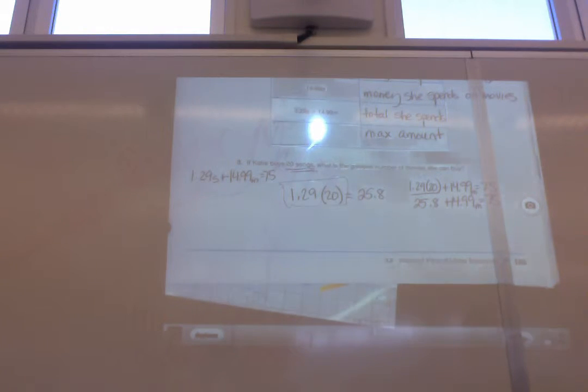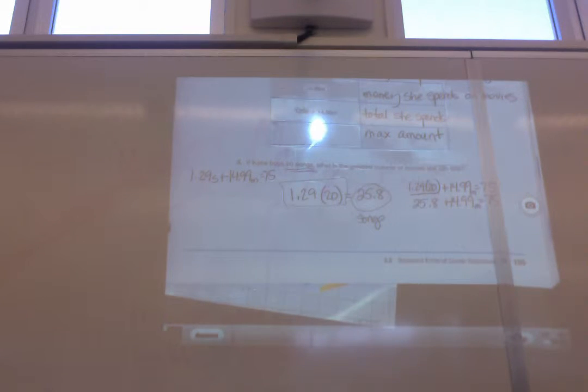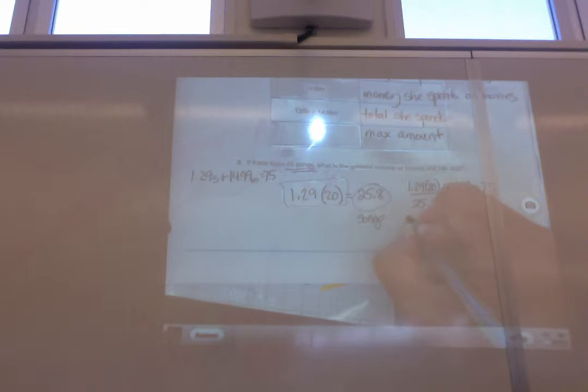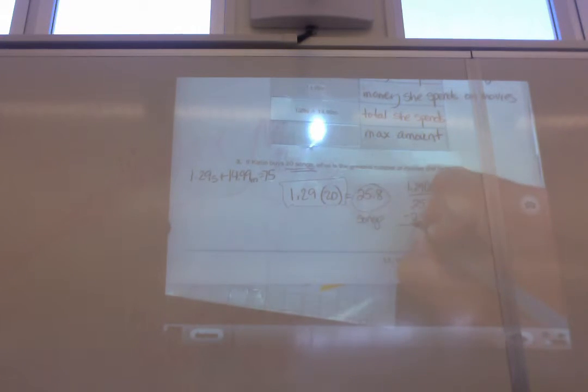Subtract, right? This is the amount of money that she spent on songs. We got to see what's left. What are we going to subtract that from? 75. In the equation, I'm going to subtract it from both sides. Goodbye to this.